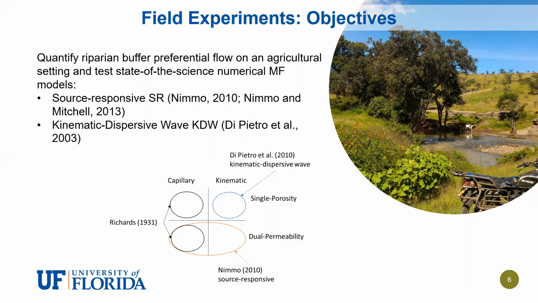Macropore flow has been typically described as a process with one or two flow domains, matrix and macropore flow. Single porosity models, for example, assume that the flow process results from the aggregation of matrix and macropore flow. Dual porosity models consider only macropore flow and the lateral diffusion with the soil matrix, whereas dual permeability models include matrix flow as well.